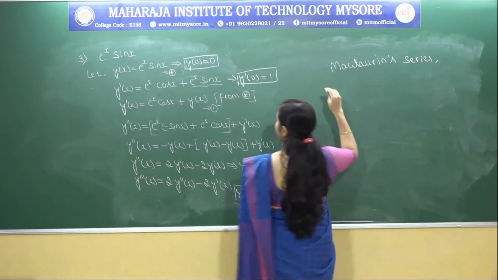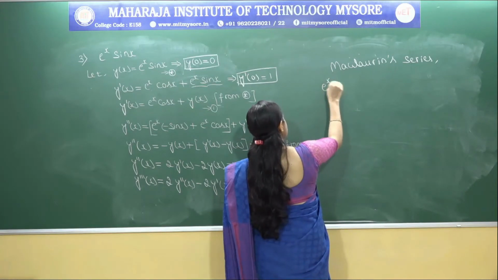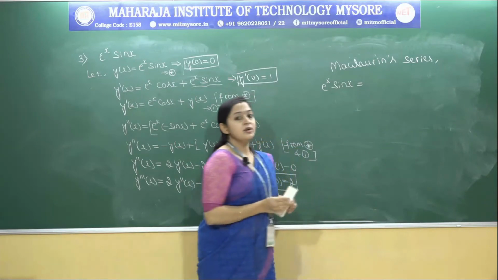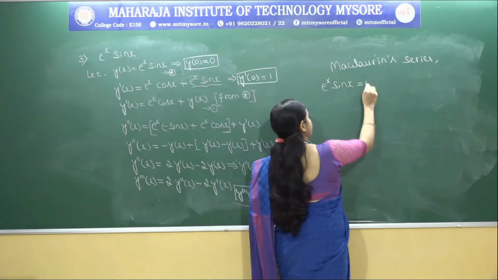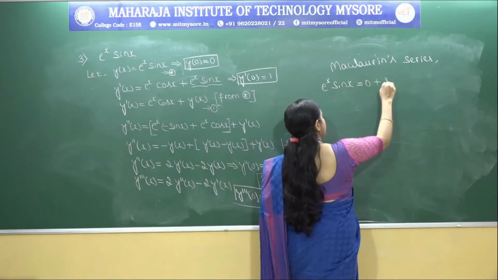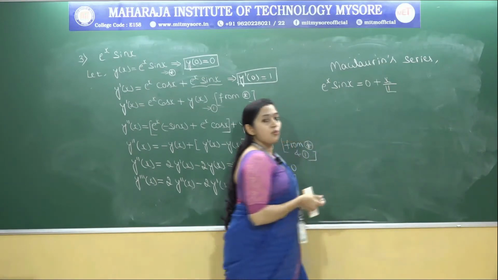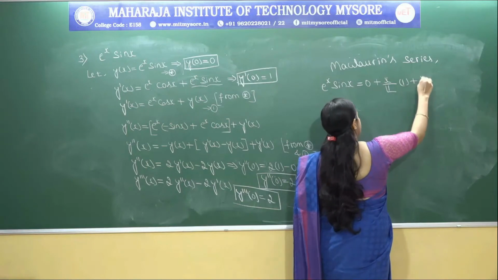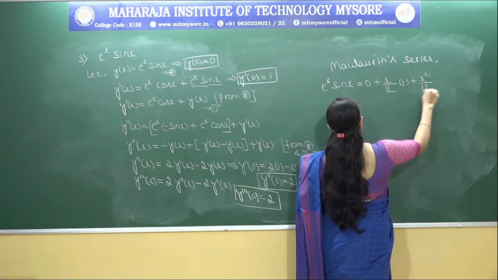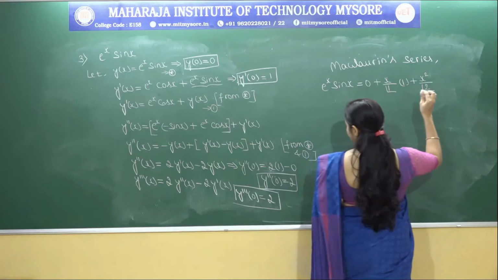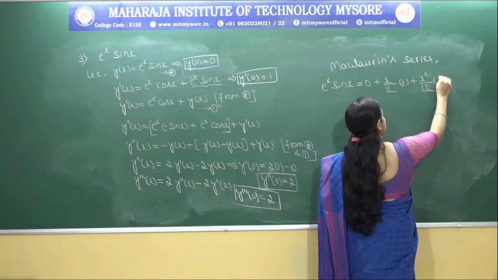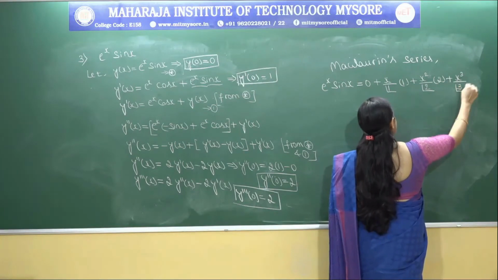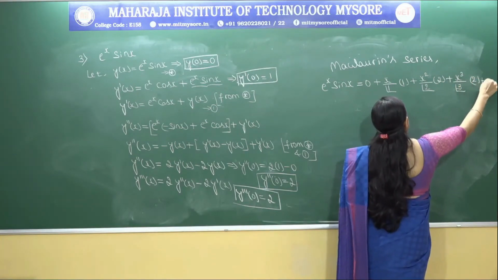The first term, y of x, given the y of x is e power x sin x equals, y of 0 is 0, x by 1 factorial, y dash of 0 is 1, x square divided by 2 factorial, the y double dash of 0 is 2, x cube divided by 3 factorial, the third derivative is also 2.